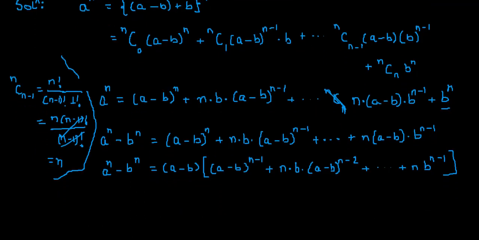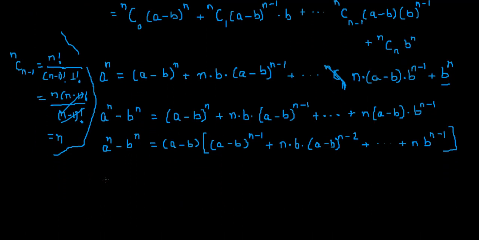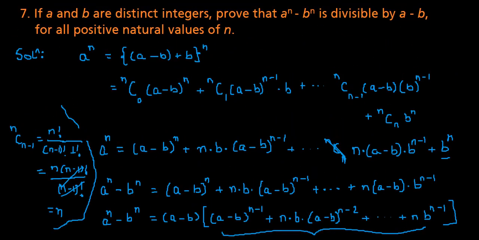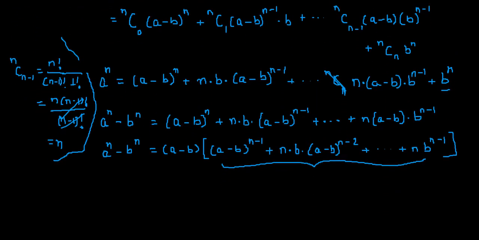Now we can clearly see that, let's assume this is going to be, what was a and b? It's given that a and b are distinct integers, so whatever it is going to be some constant value, so let's denote it by alpha.